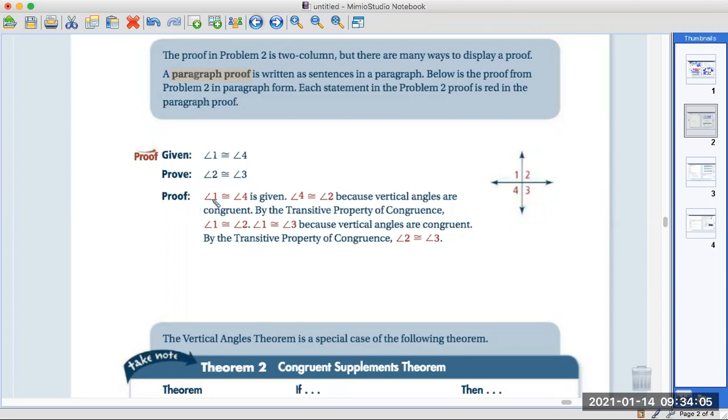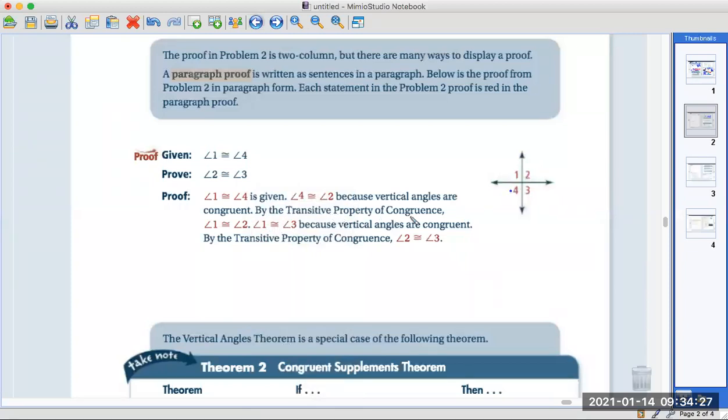So here's how a paragraph proof looks like. Angle 1 is congruent to angle 4 is given. Angle 4 is congruent to angle 2 because vertical angles are congruent. 4 and 2 are vertical angles. Notice that, right? Across from each other.